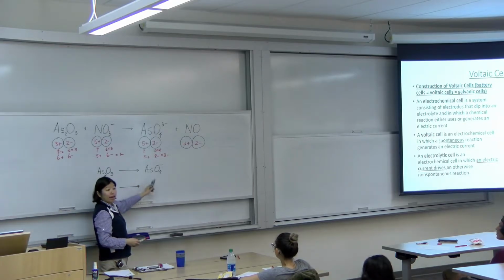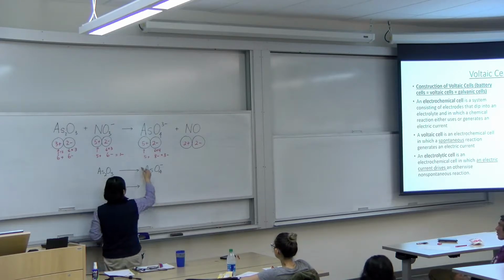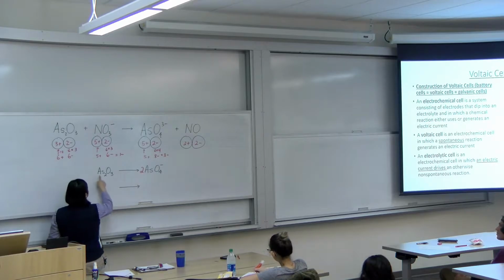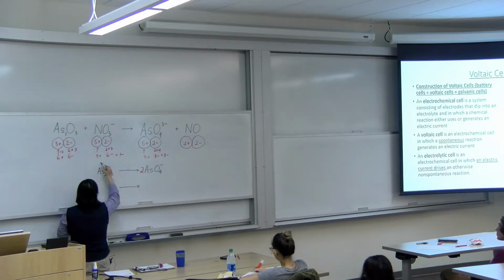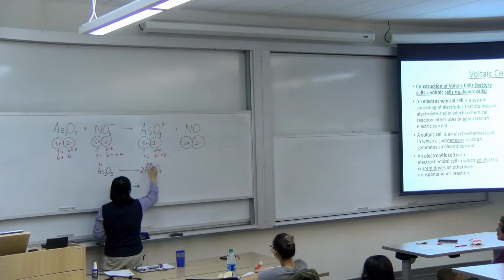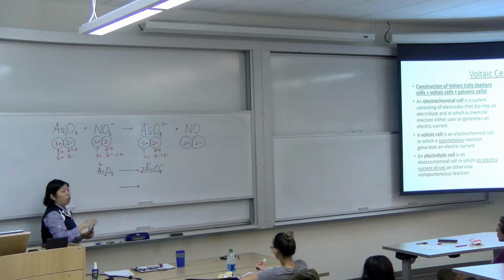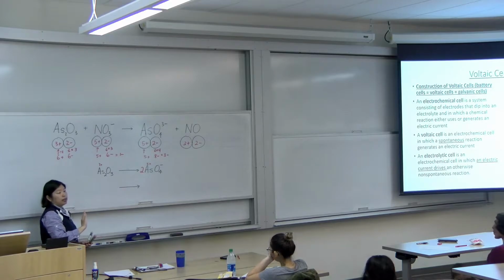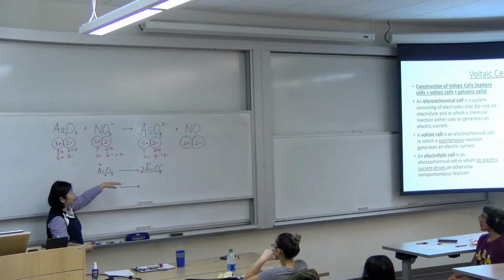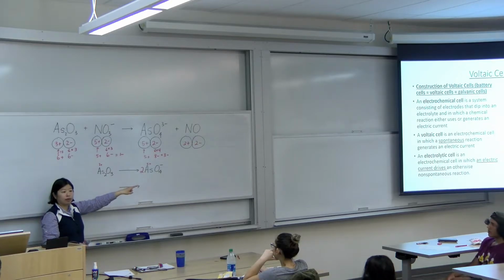Remember, the whole point is the balance, right? So I must have a 2 here to begin with. Okay? Now, 1 arsenic is 3 plus. This arsenic is 5 plus. So if I had 1 arsenic undergoing this procedure of redox, 3 plus and 5 plus, how many electrons do I need there?